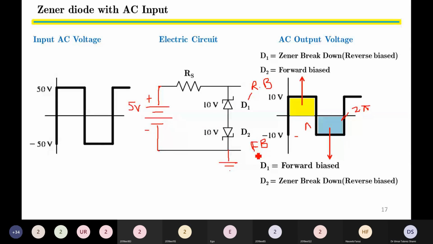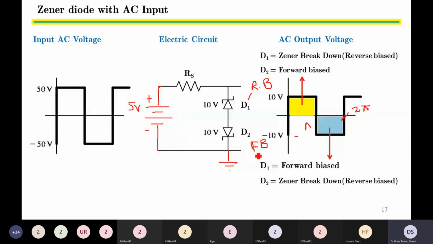Okay. Although D1 is reverse bias and D2 is forward bias, let us look at the Zener breakdown values of D1 and D2. Both diodes have Zener breakdown values of 10 volts. Will D1 experience Zener breakdown voltage? No, sir.